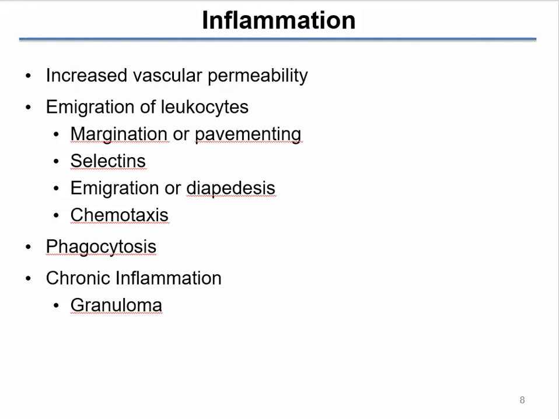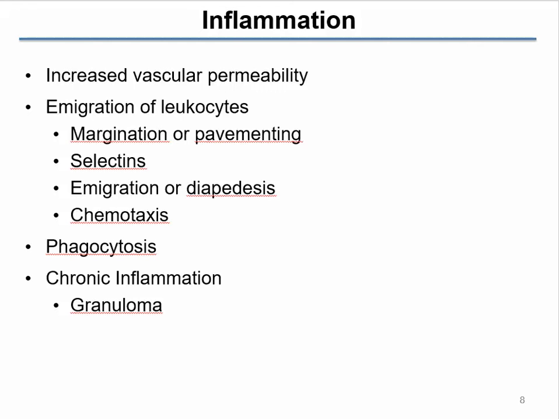So the first thing that happens is when the white blood cells get to the area, the blood vessels now have changed because of the inflammatory chemicals, and the endothelium reacts with the white blood cells and causes something called margination or pavementing.